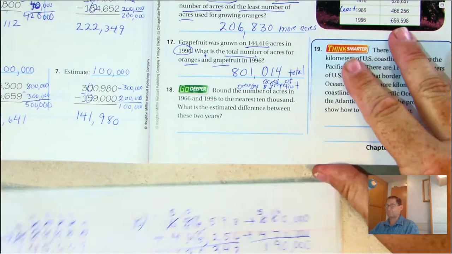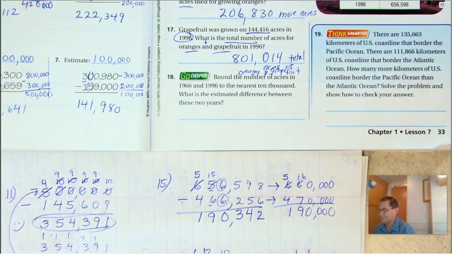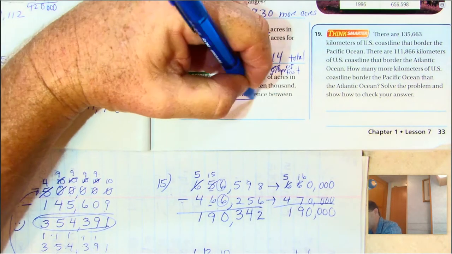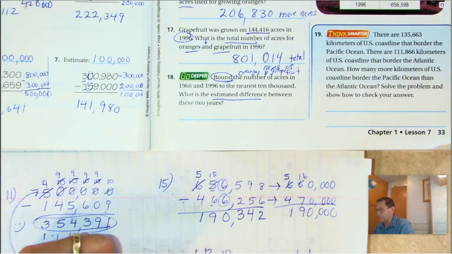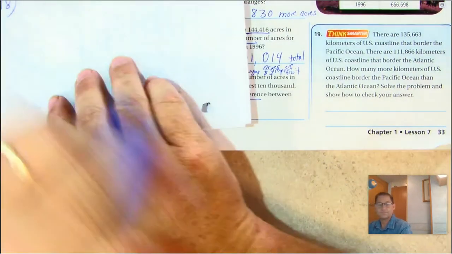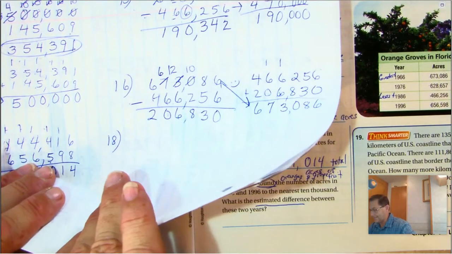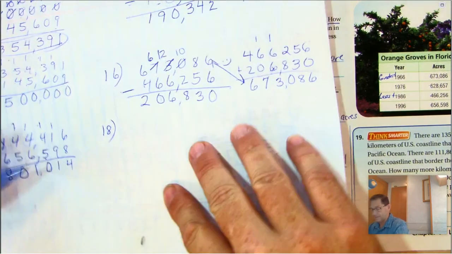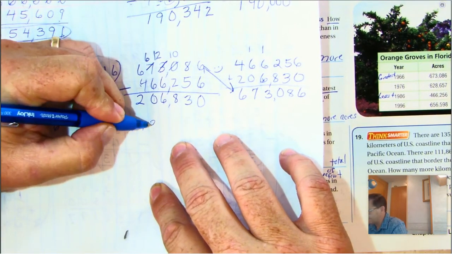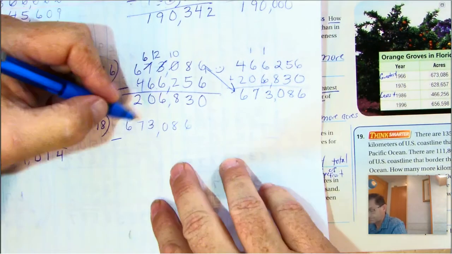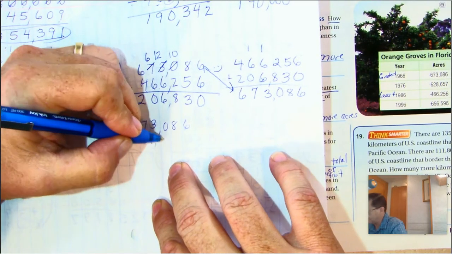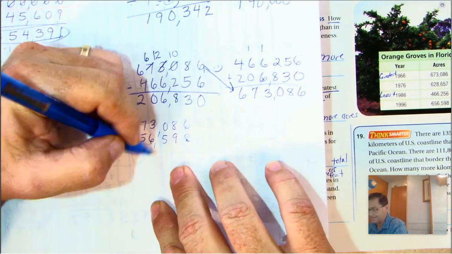Okay, number 18. Round the number of acres in 1966 and 1996 to the nearest 10,000. What is the estimated difference? So I look in my table and we want 1966, 673,086, and we're going to subtract 656,598.